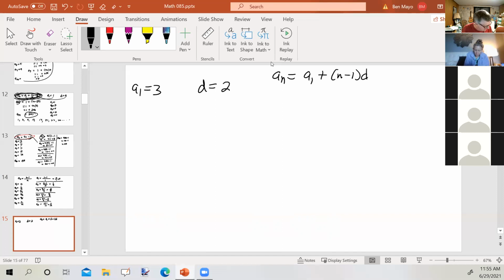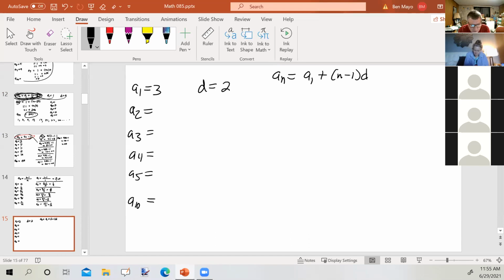Because it said arithmetic sequence. They told us the first term was 3 and the common difference was 2. We're to find the first 5 terms. We already have the first term, so we need to find the second, the third, the fourth, and the 5th term. And then it says also to find the 10th term. Okay?